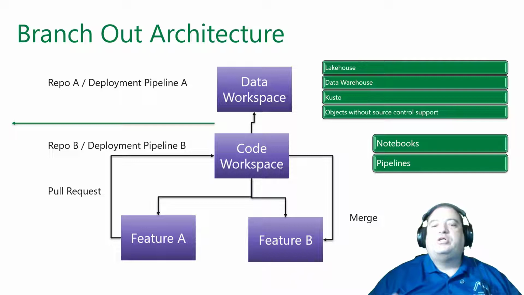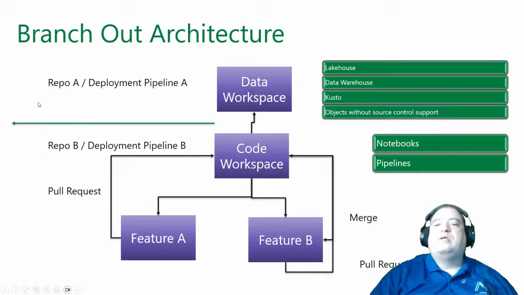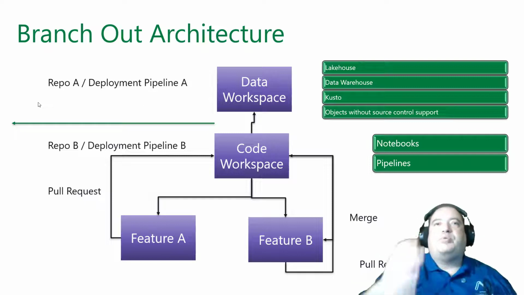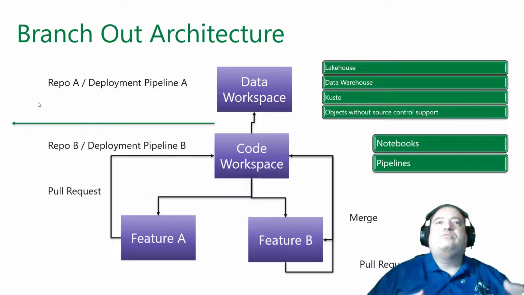After the merge, feature B will be updated in relation to the code workspace, and the developer will be capable of making a pull request. So the developer makes a pull request to update the code workspace and also drops the branch and the workspace for feature B. In this way, we can use the technique of feature branches to make the development.